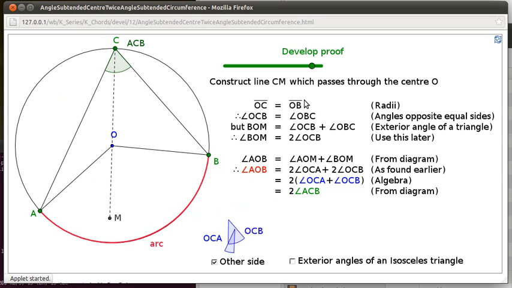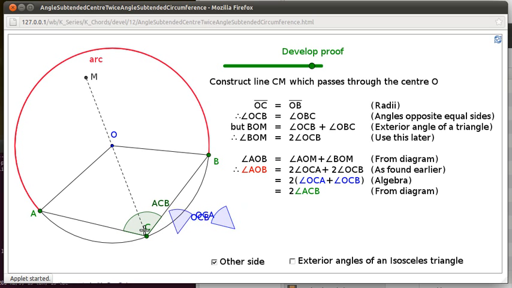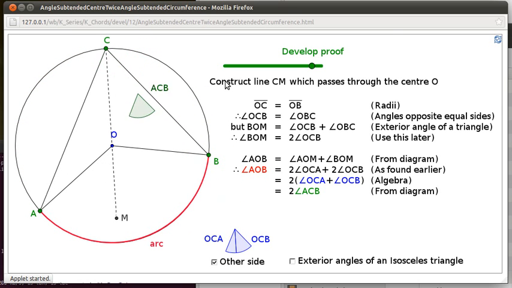So the maths works out no matter whereabouts. Oh well, for completeness, we might as well do that. The blue angles add up to the green angle. So go back to roughly where we were, and that's the end of the proof.